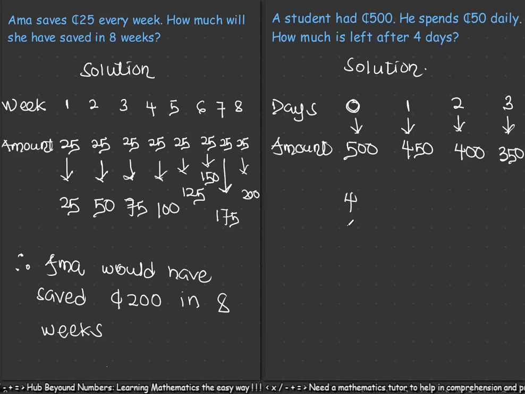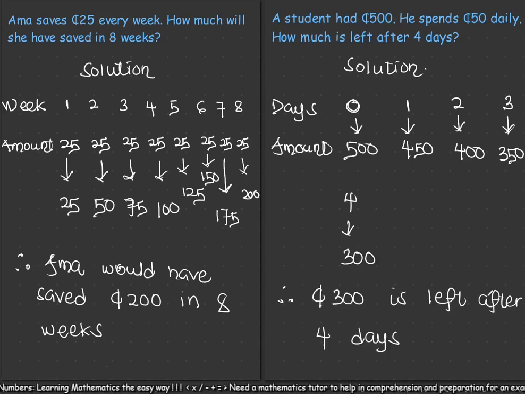On our fourth day, there's also going to be a spend of 50. And we obtain that by subtracting a 50 from our 350, so that we have 300. So we can then conclude that 300 cedis is left after the 4 days.